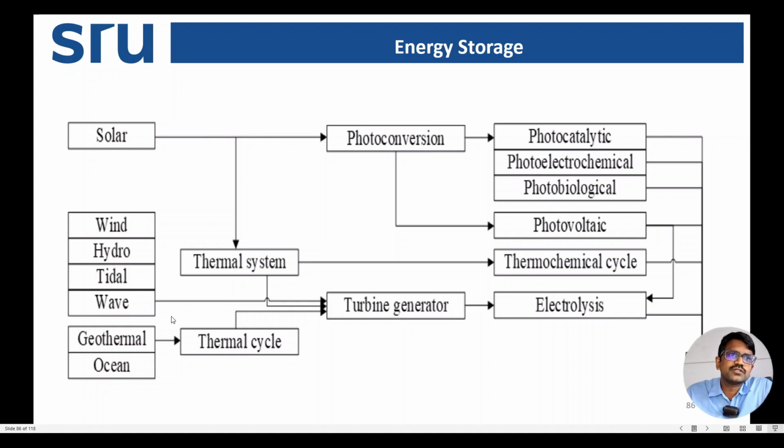So in today's session, let's see first here what the ways are to produce energy. If you see here, firstly solar energy, wind energy, hydro energy, tidal energy, wave energy, geothermal energy, ocean energy. These are all the energy sources.